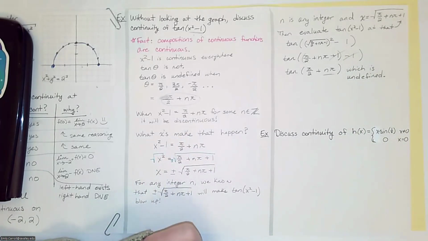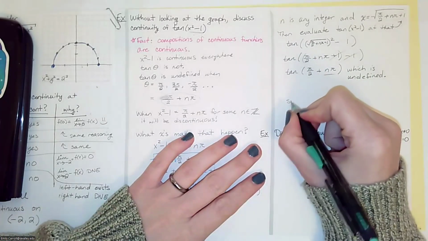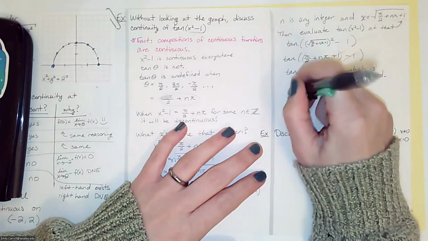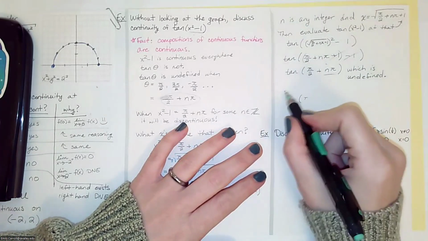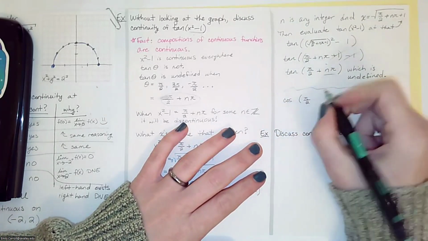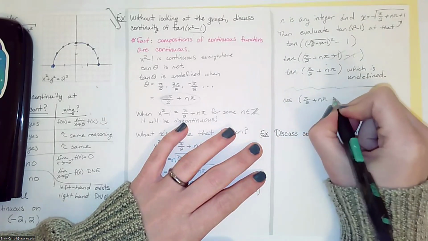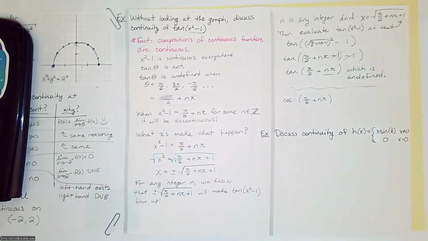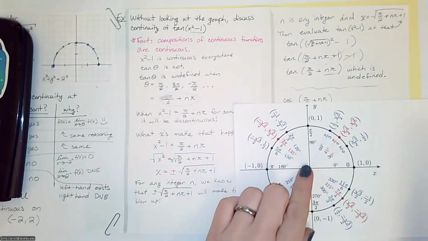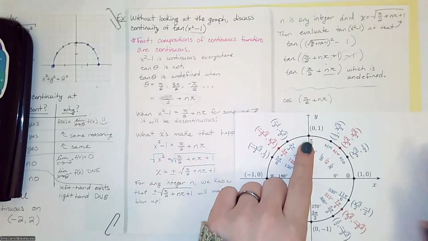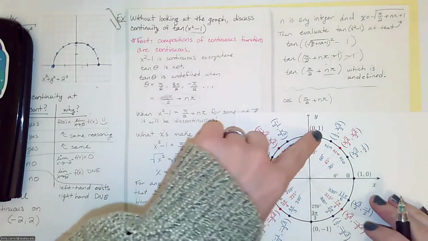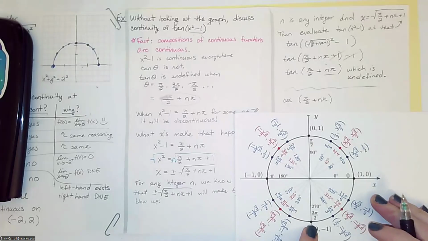Another way to look at it is if you take the cosine of pi over 2 plus n pi. Cosine of pi over 2 is 0. If you take pi over 2 and add another pi, you get to 0.